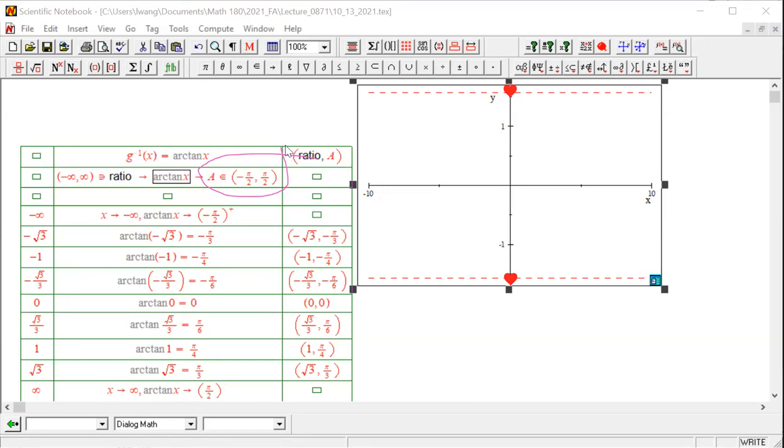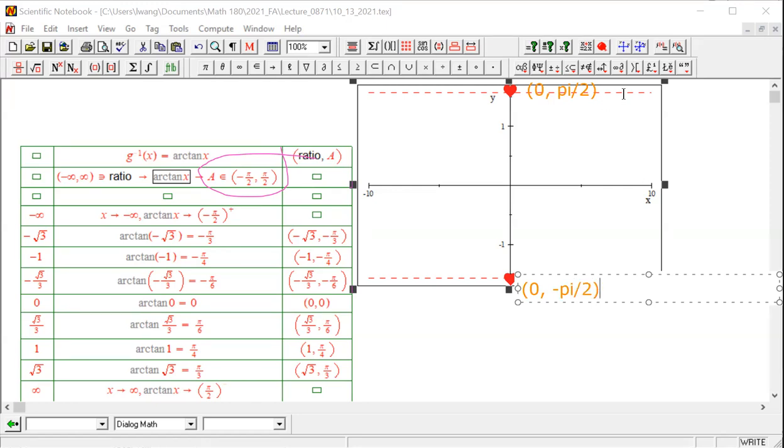Are you guys there? You're not sleeping, are you? So this point should be 0, pi over 2. That point at the bottom is 0, negative pi over 2.